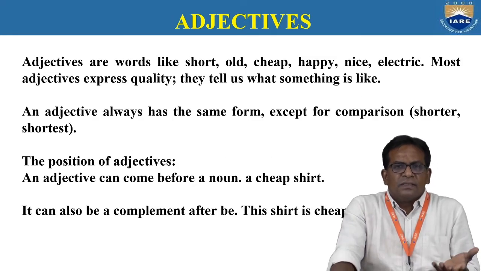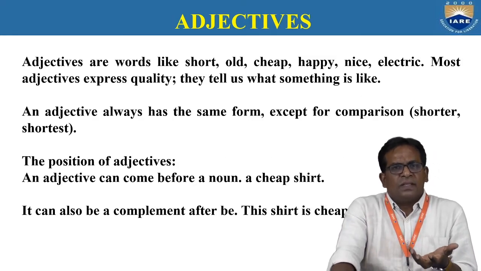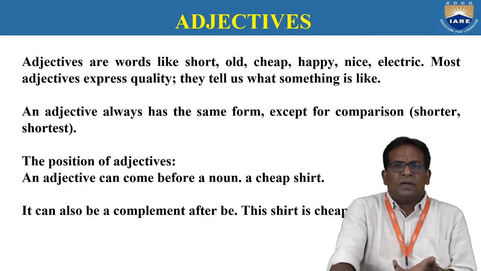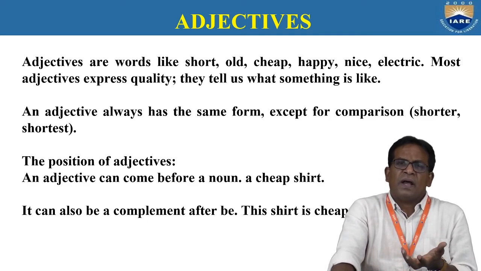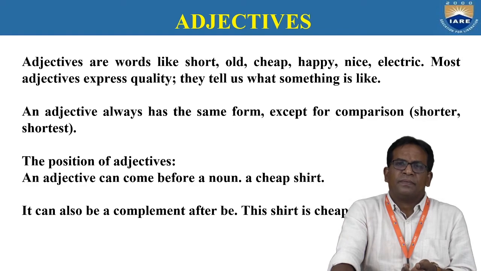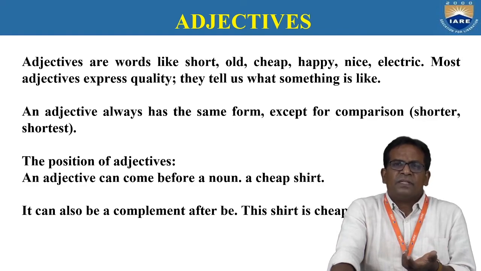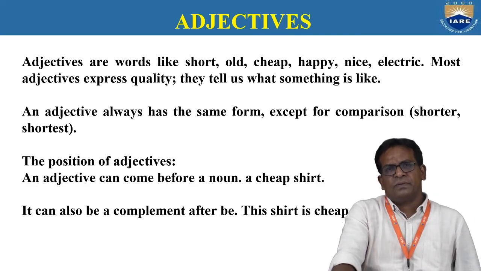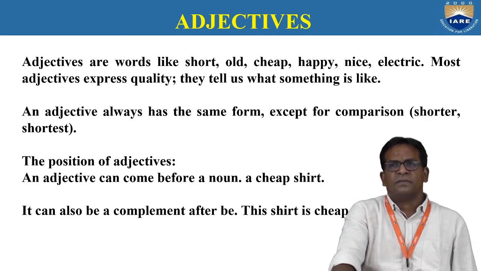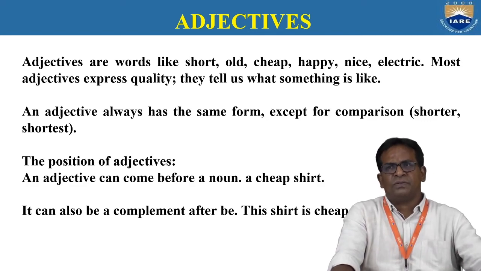So, what are adjectives? Adjectives are words. They are part of the vocabulary. What kind of adjectives do we use? A number of adjectives: small, big, famous, old, cheap, nice. There are many adjectives we use.